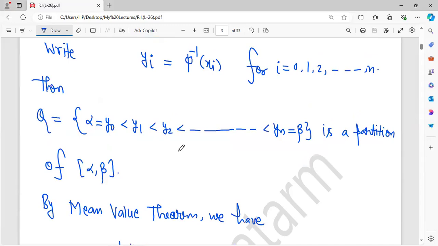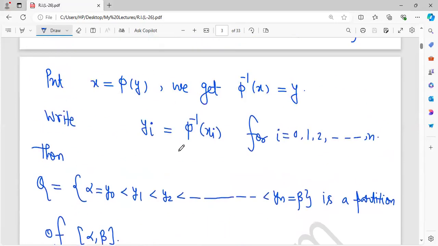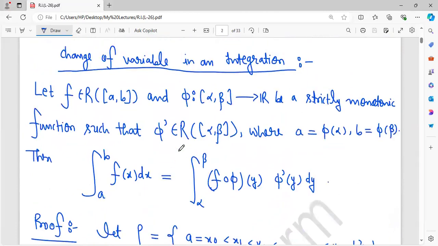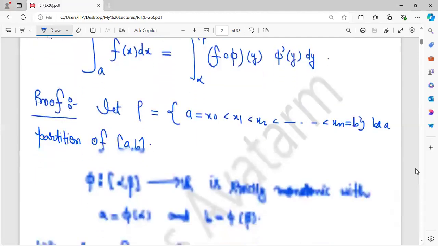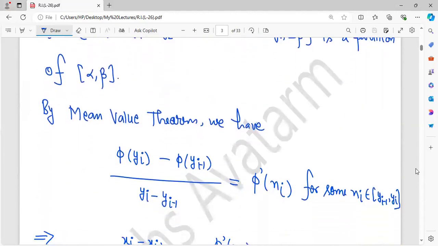Now phi is differentiable, because in the theorem it is given that the derivative function of phi is Riemann integrable. So we can apply the mean value theorem, or Lagrange's mean value theorem.